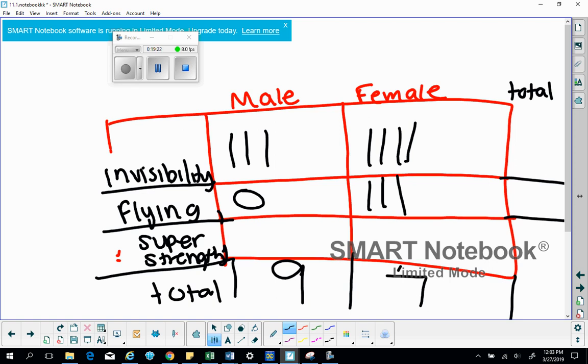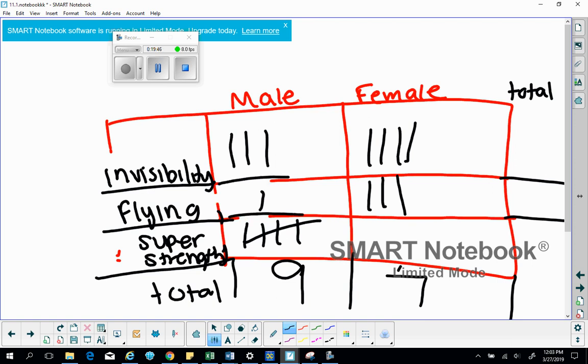Next. How many males wanted super strength? Raise your hand. How many males wanted super strength? 1, 2, 3, 4, 5. It does not add up. You didn't answer. Caleb, what do you want? You're the one who wanted to fly. There we go.